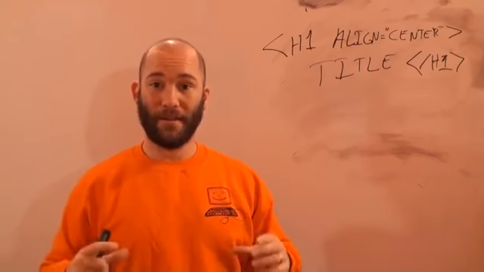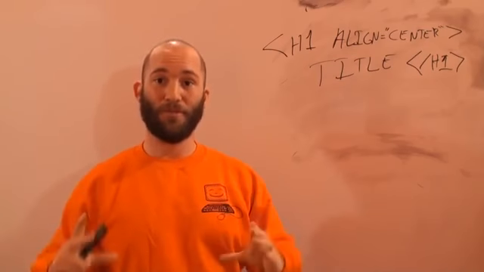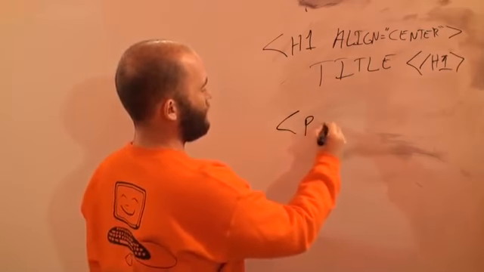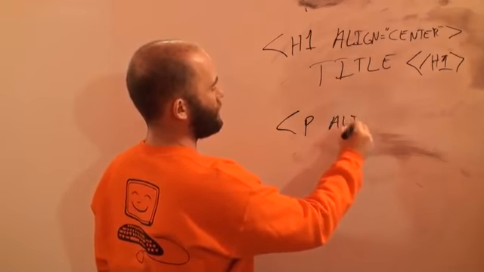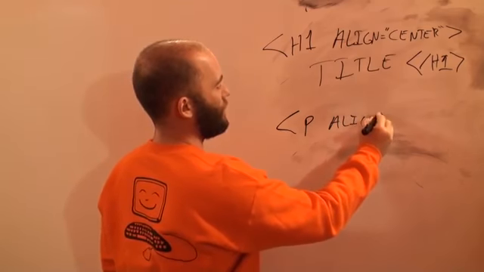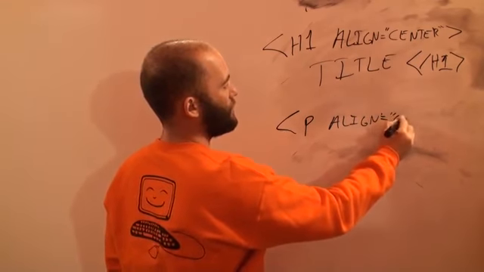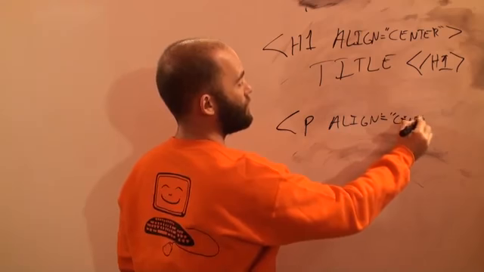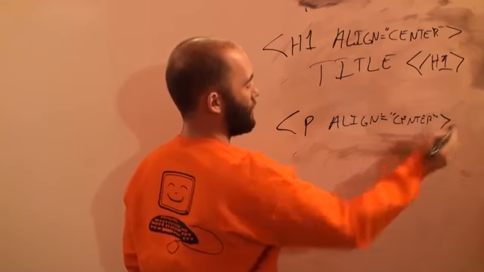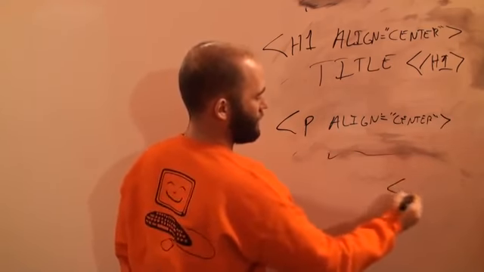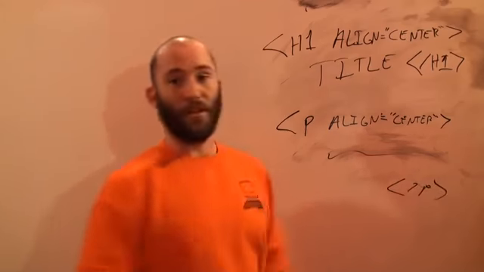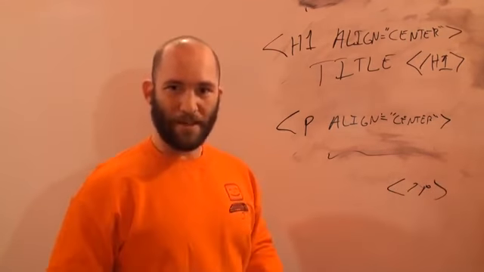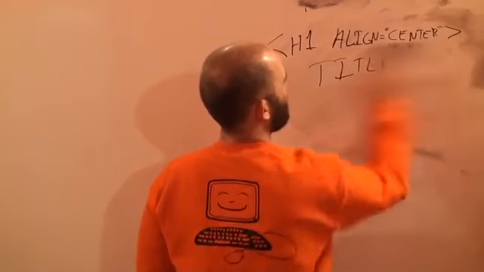So if you want your normal text in the middle of the page, you would simply go P align equals center, and then close it, write your text, and then close the P tag. Hope that makes sense. The last thing we need to talk about is another way you can edit the text.